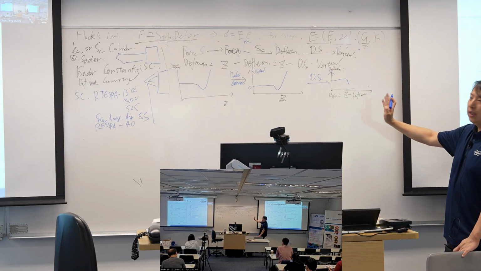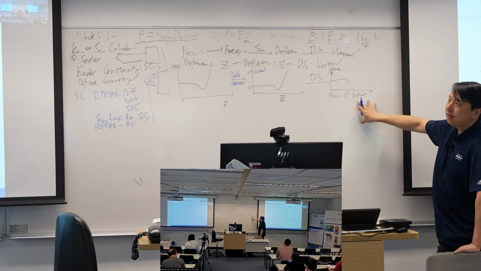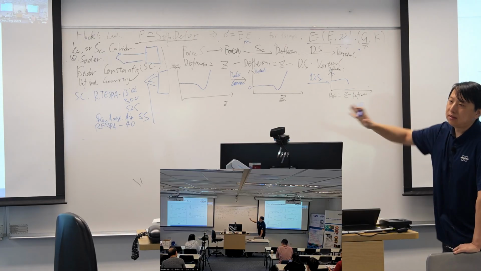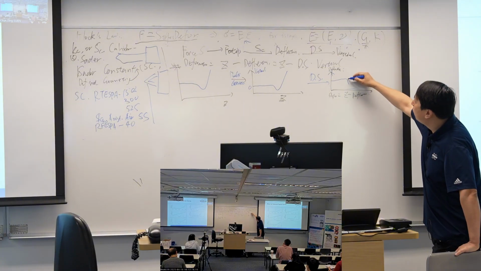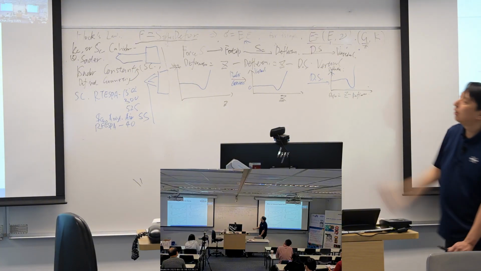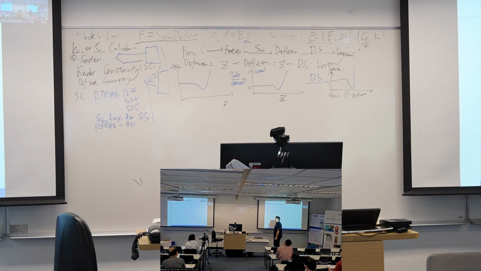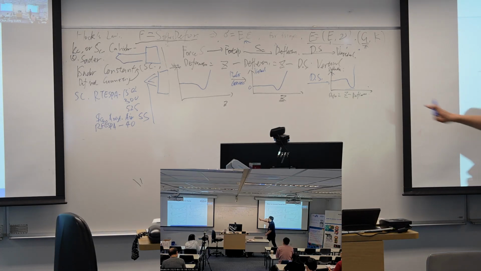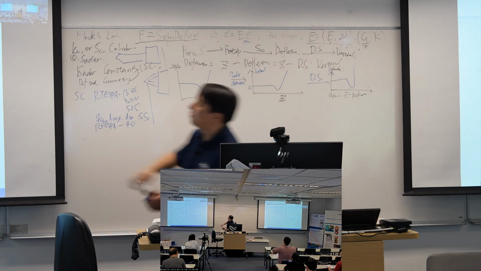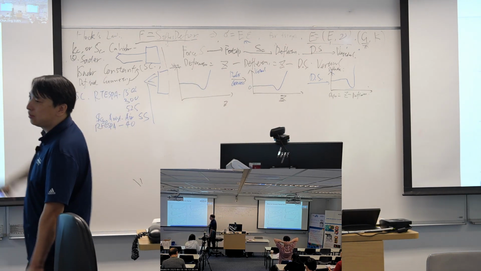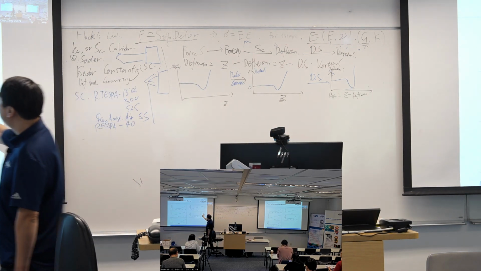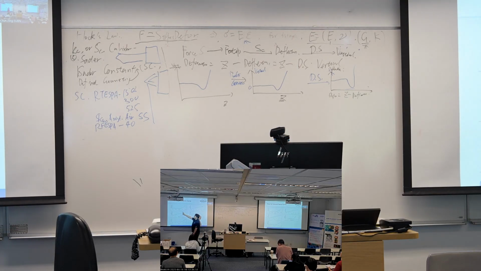Since you are subtracting a positive value from the x-axis, the curve will have a larger slope compared to this one, right? That's what this diagram wants to say. This one has more slope than this one.